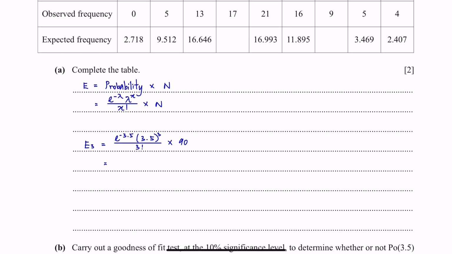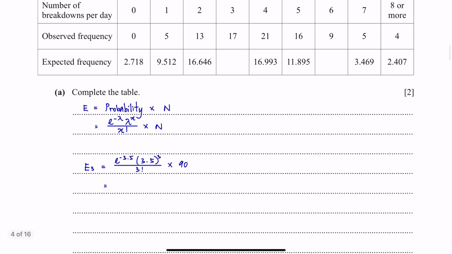So the expected frequency for x equals 3 would be 19.421. Let's round it to 3 decimal places because all the expected frequencies are in 3 decimal places.